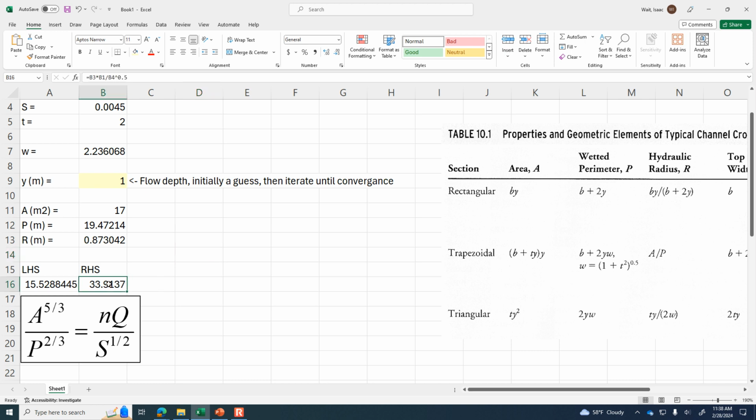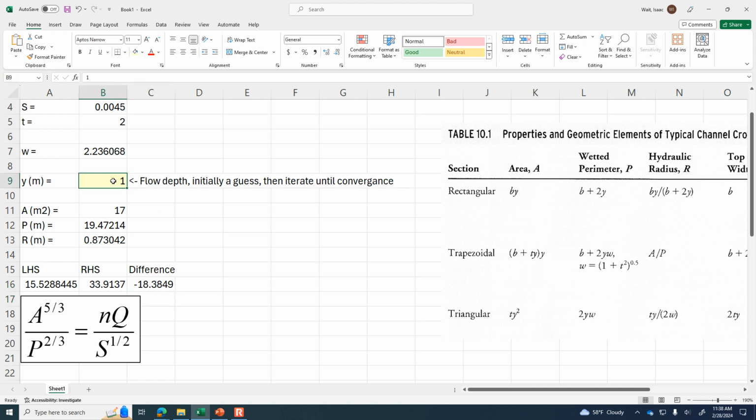Whereas the right-hand side is a constant because when we change the depth y, that's not going to impact n, q, or the slope. So what I want to find is the difference between the two, left-hand side minus the right-hand side.